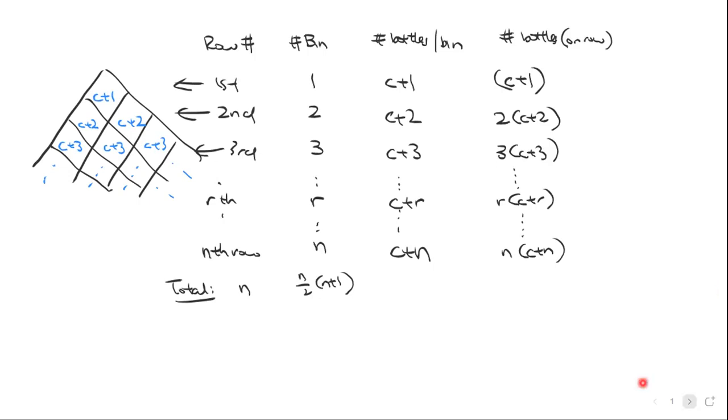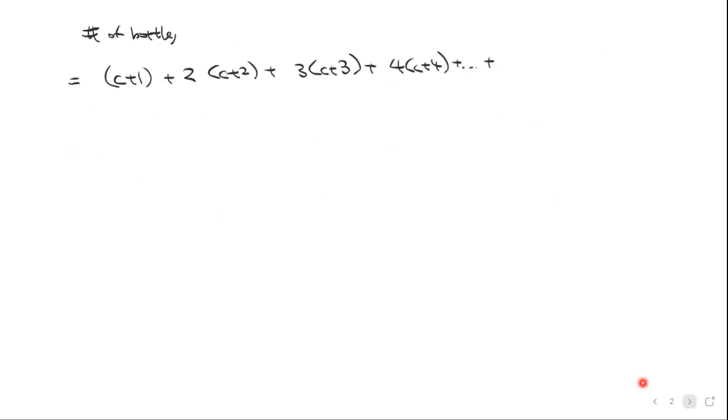The number of bottles in the rack is the sum of C plus 1, plus 2 times C plus 2, plus 3 times C plus 3, plus 4 times C plus 4, and so on, plus R times C plus R, and so on, plus N times C plus N. Because that's a lot of writing, I'm going to use sigma notation. K goes from 1 to N of K times C plus K.